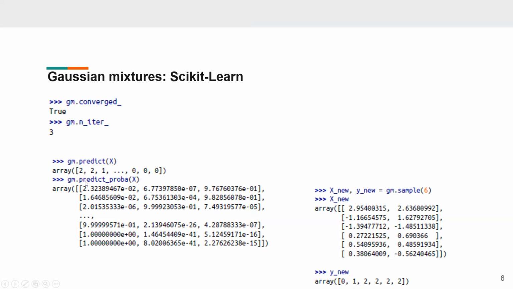But if you look at the predicted probability, you would see that it actually has 3 probabilities attached to it. The probability of being cluster 0 is 0.02, and being cluster 1 is really, really small. But being cluster 2 is around 0.977.